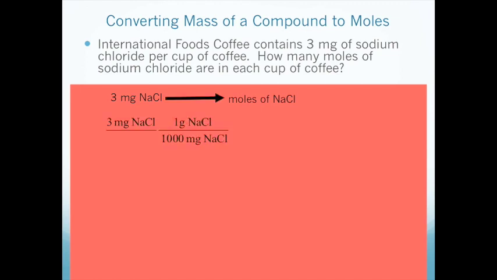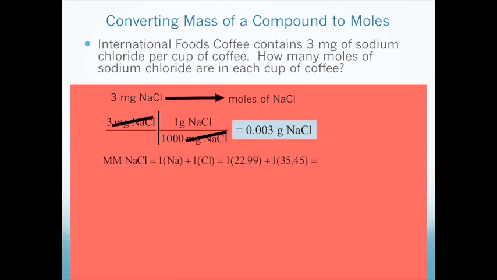We use the fact that 3 milligrams is converted to grams by dividing by 1,000, because there are 1,000 milligrams of sodium chloride per 1 gram of sodium chloride. Milligrams cancel, and then we have 0.003 grams.